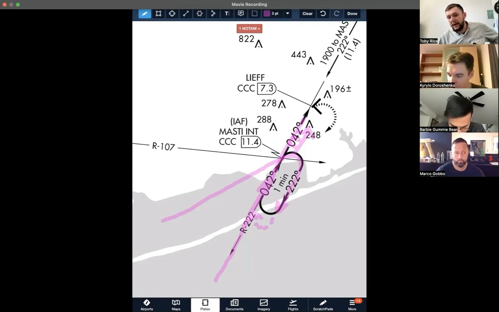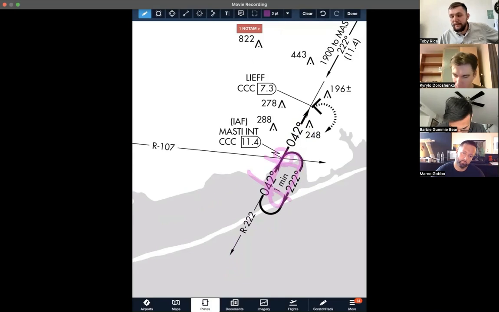So that's why course reversals like that exist, to make sure that you are completely on that radial. Because when you get out of a hold like this and you go back inbound, you're on the radial established before Masti. Straight lines.